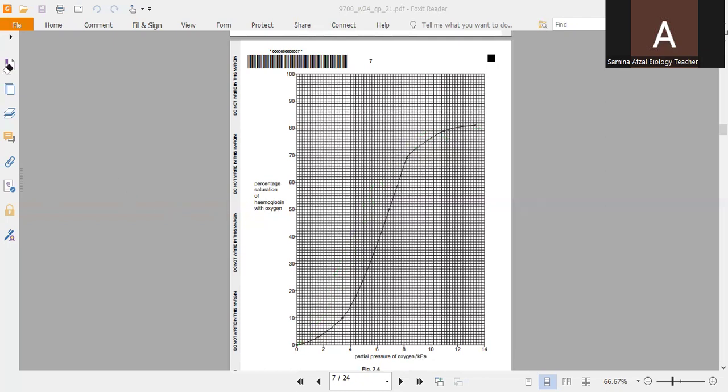I'm trying to draw it with the smart pen, which is not a good idea. So I'm drawing it with a simple one. So in this way, it will shift towards the left, because it has more affinity with oxygen in comparison to that part.